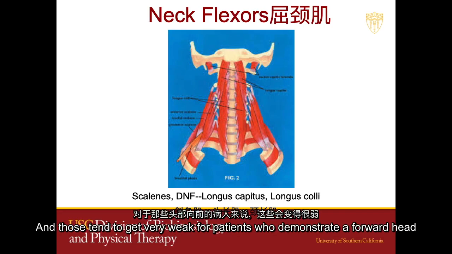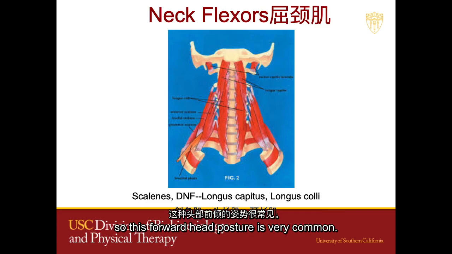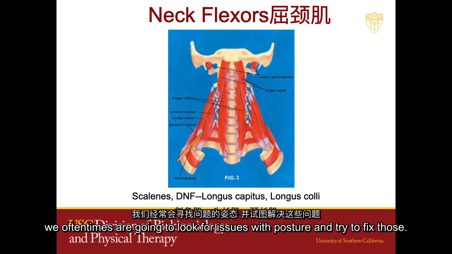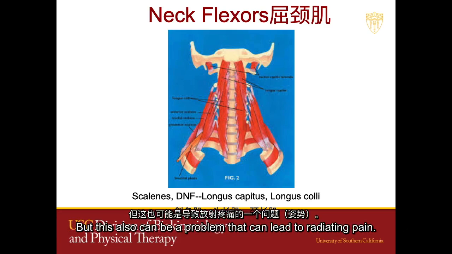And those tend to get very weak for patients who demonstrate a forward head. So this forward head posture is very common. I think we've all seen it. We all know about it. It's something that if they have a mobility deficit, we oftentimes are going to look for issues with posture and try to fix those. But this also can be a problem that can lead to radiating pain.